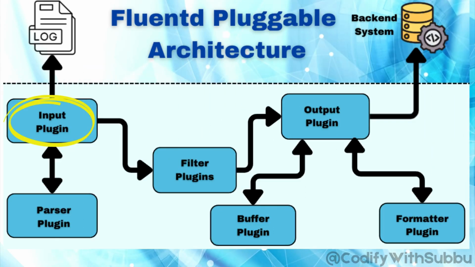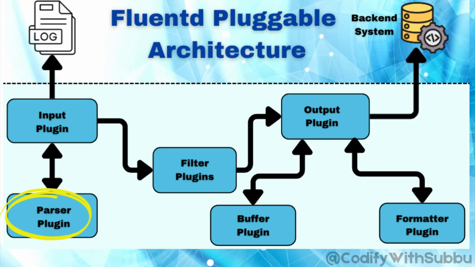Input plugins collect the log data from multiple data sources. This includes files, databases, and so on. The parser plugin parses the custom source log data format, which Fluentd can then understand. The parser plugin is wired closely with the input plugin for a given data source.